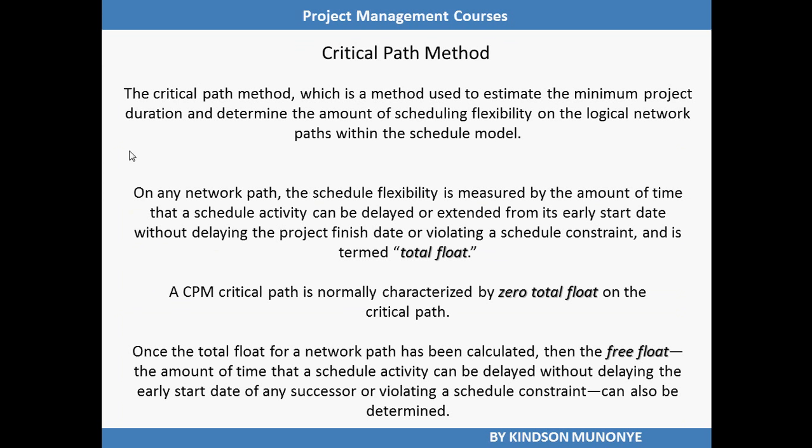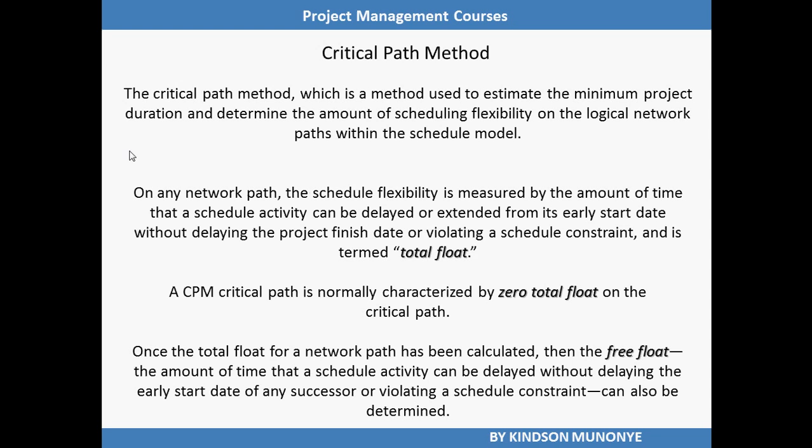Alright, let's now look at the next tools and techniques used in develop schedule. One of them is the critical path method, which is a method used to estimate the minimum project duration and determine the amount of scheduling flexibility on the logical network path within the schedule model.